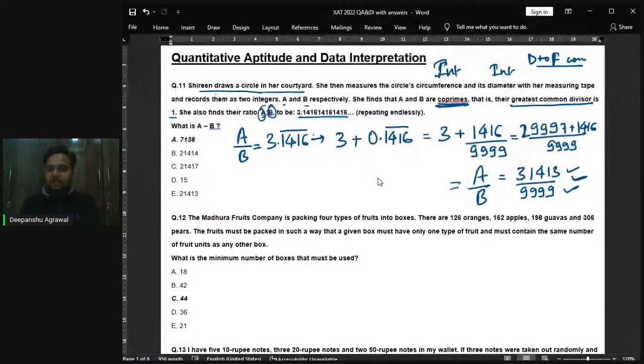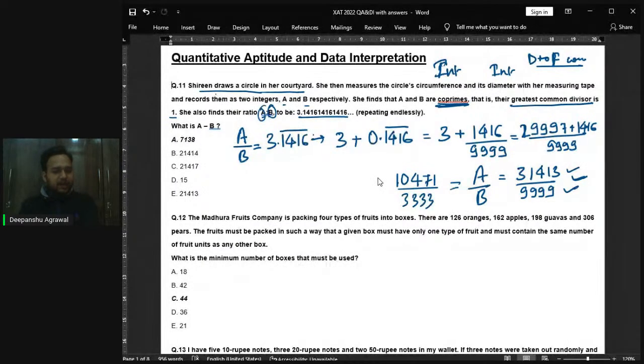So 31413 divided by 9999, let's try to cut both these by 3. The numerator should come as 10471 divided by 3333.